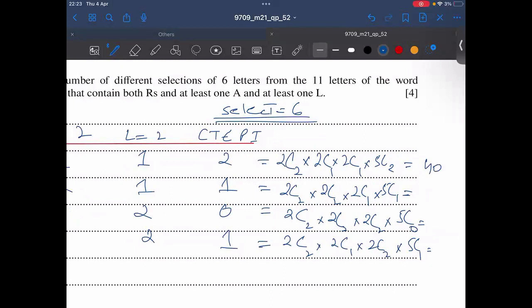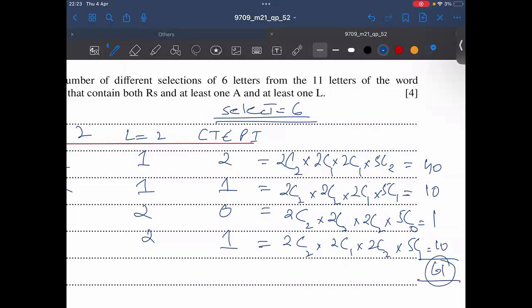And then we have 5 into 2, 10. Then we have 1. Then we have 10. 2 into 5, 10. The 40 plus 10, 50, 60, 61.